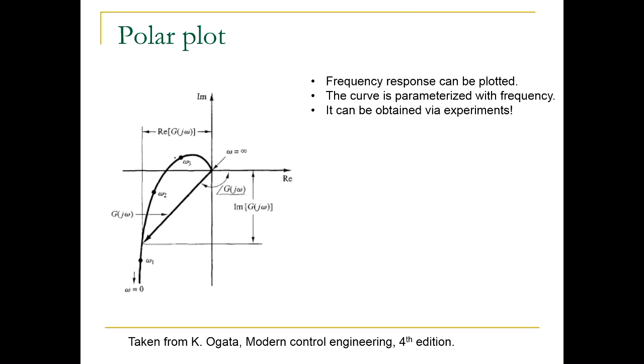So the phase and magnitude of G(jω) are really the polar coordinates of this plot. For each different ω, we get a different point on the plot as ω changes from 0 to infinity. That is a graphical representation of frequency response, right?